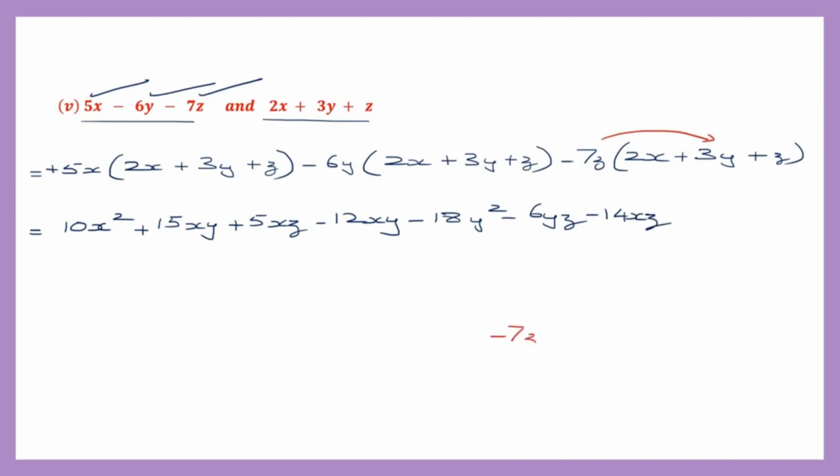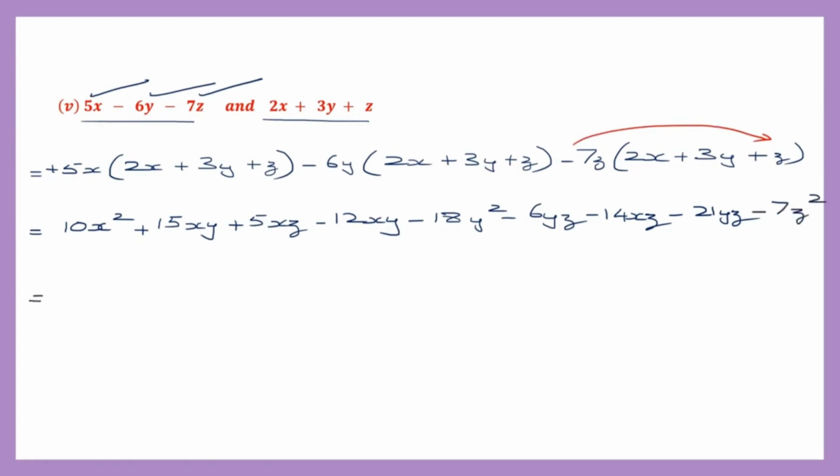So minus into plus is minus. Numbers 7 3's are 21. Z into y is zy or yz. So this is minus 21yz. Now we multiply minus 7z into z. Minus into plus is minus. Then we have 7, and z into z is z square.